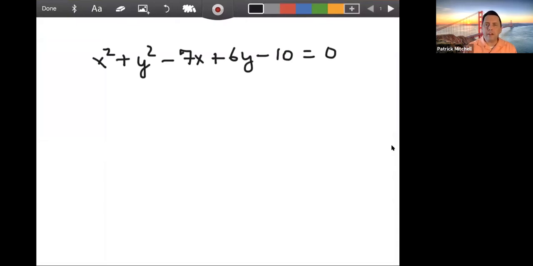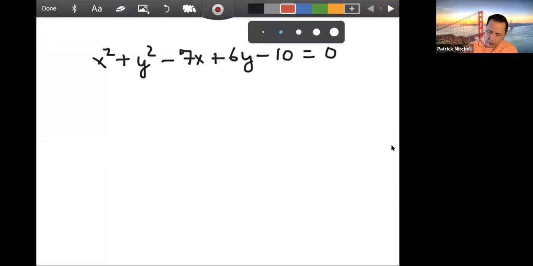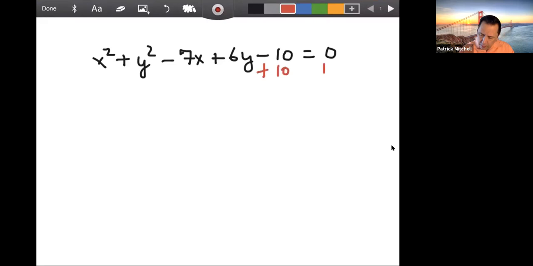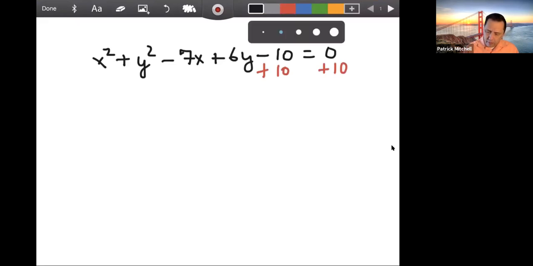So the first thing I'm going to do, I'm actually going to do two things. I am going to add 10 to both sides, to get that constant term over there. And then while I'm at it, I'm going to write my x terms next to each other, and I'm going to write my y terms next to each other.